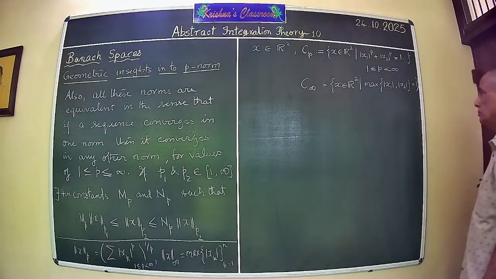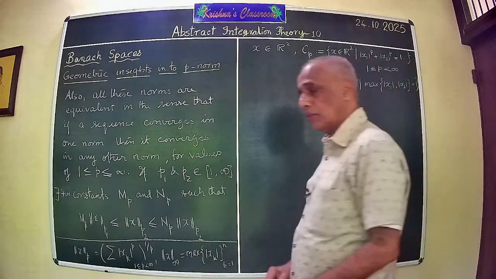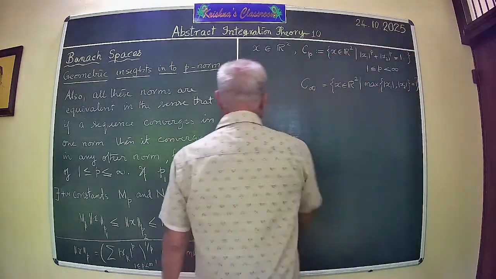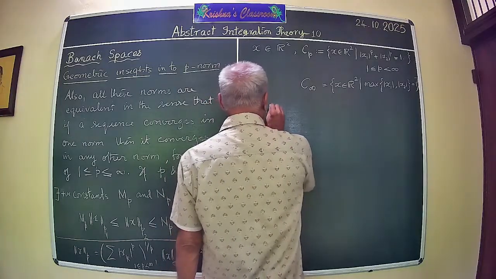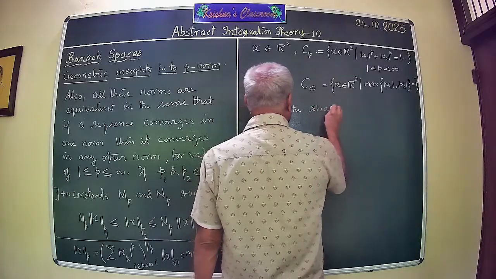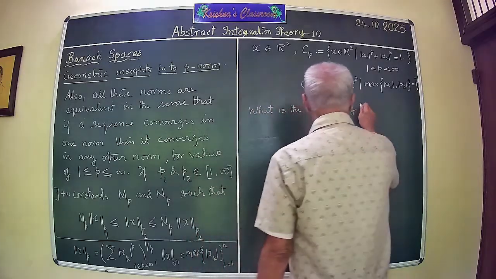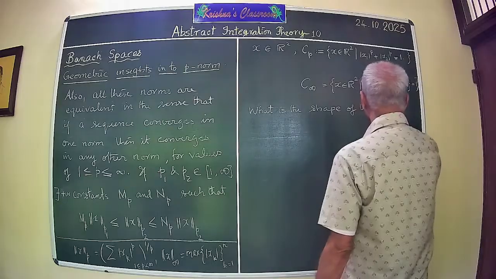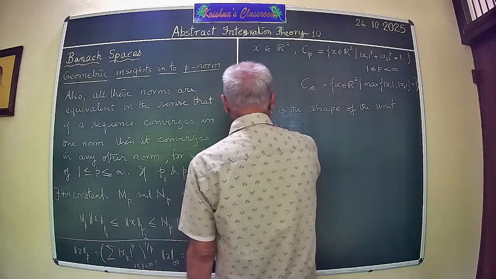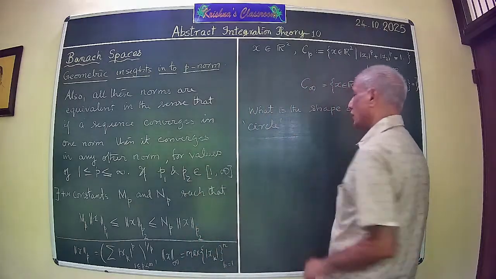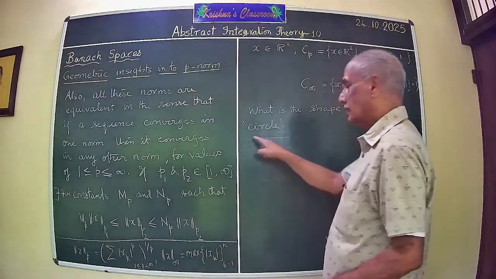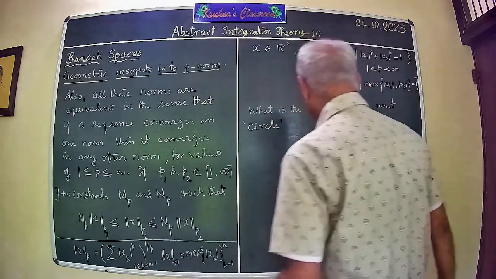Okay. So let us now see, what is the shape of this unit circle? I put circle in inverted commas, because only when p equal to 2 does this circle look like the conventional circle.